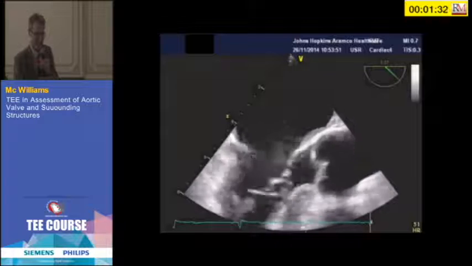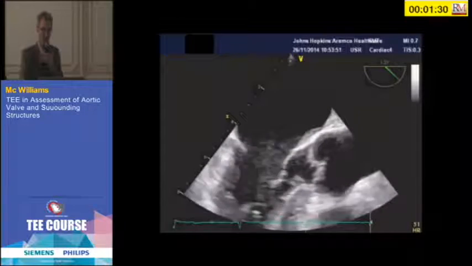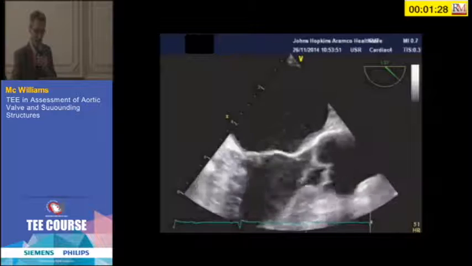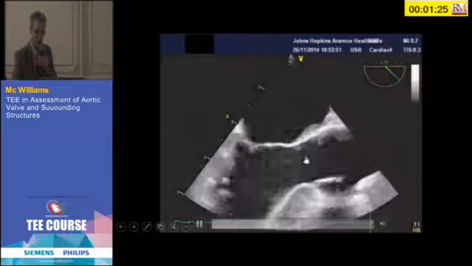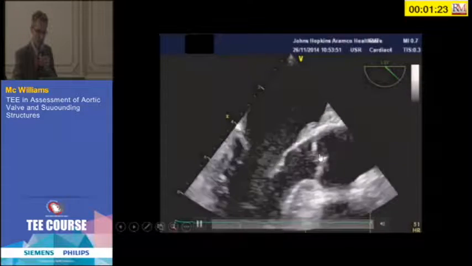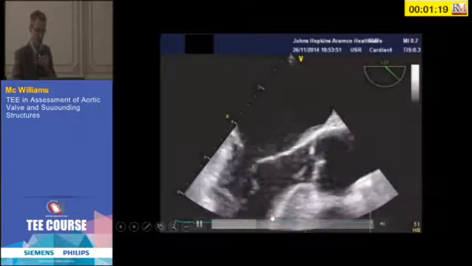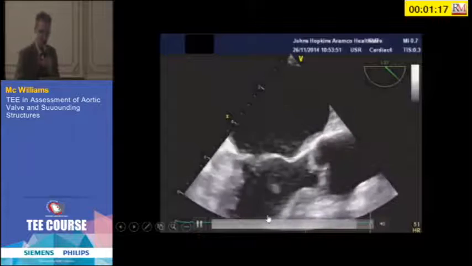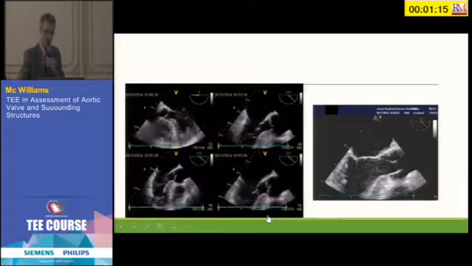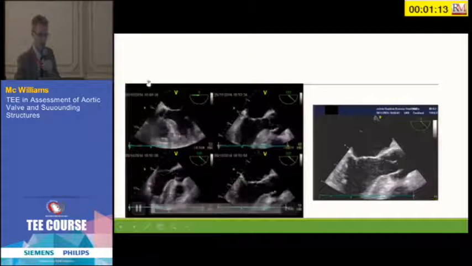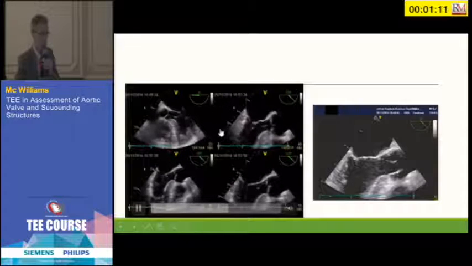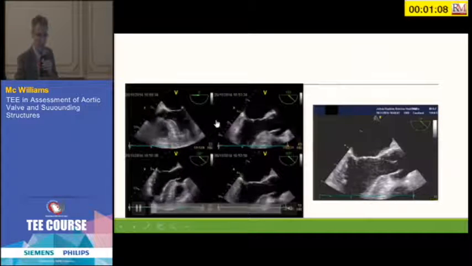So we did a transesophageal echo, and you can see something bouncing around in the outflow tract. This is about a 130, 140 degree mid-esophageal view. You can see the aortic valve opening nicely, but there is definitely something here in the outflow tract. Gain settings aren't so optimal. So what you have to do in a situation like this is take multiple views and then look at them very carefully.